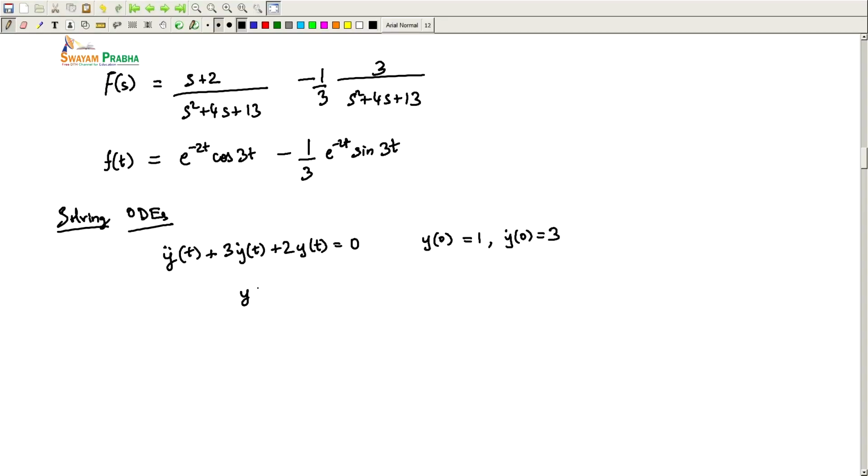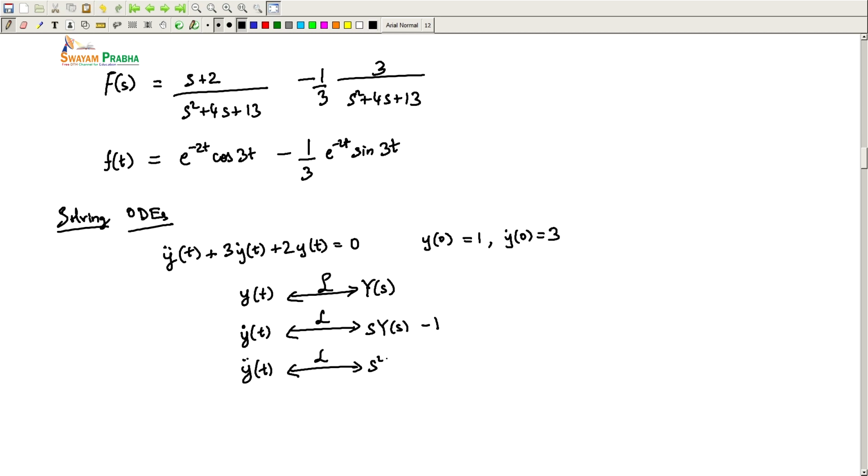So, if we denote the Laplace transform of y of t as y of s, then the Laplace transform of y dot of t is s y of s minus 1, and y double dot of t will be s square y of s minus s minus 3.